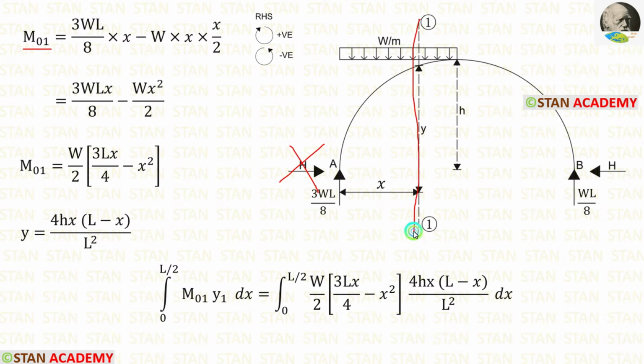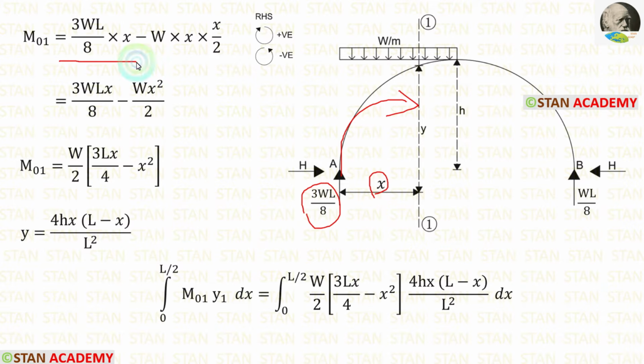Up to the section, we are having two vertical loads, the vertical reaction VA and the UDL. The vertical reaction VA is acting towards the section in the clockwise direction, so it will be positive and the distance is x. So 3WL by 8 into x.